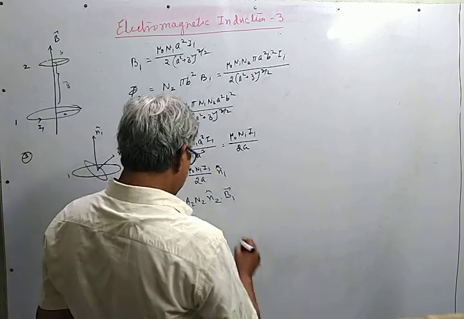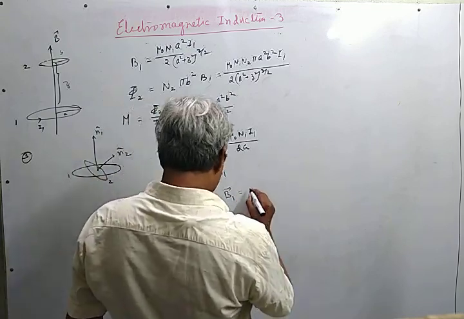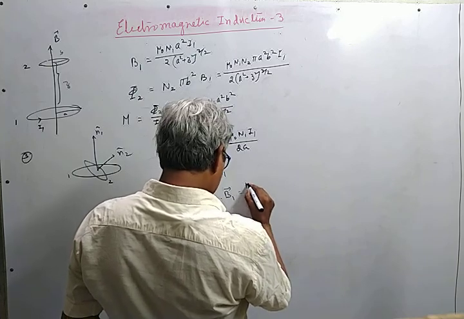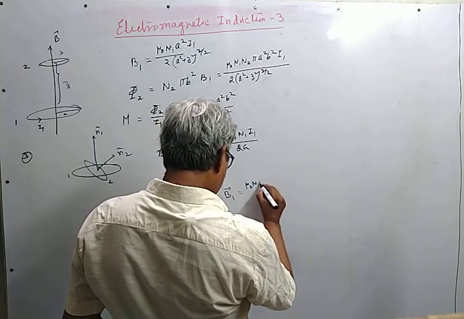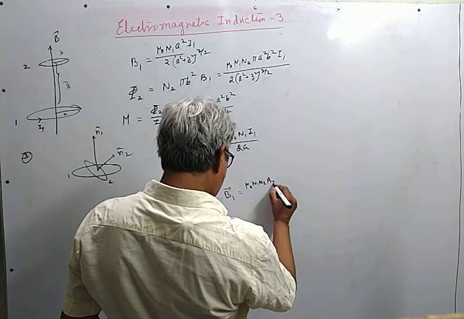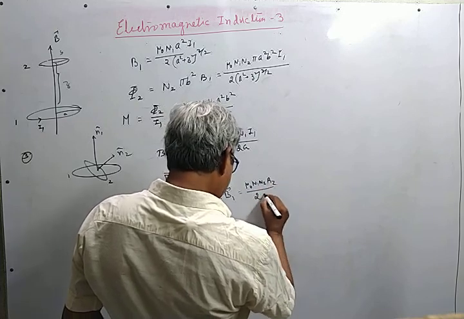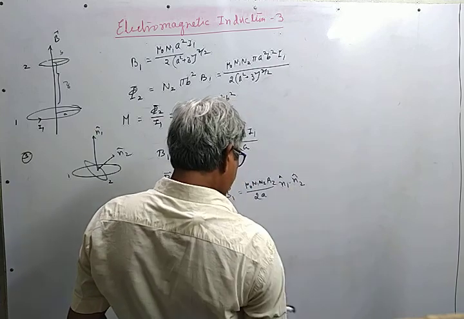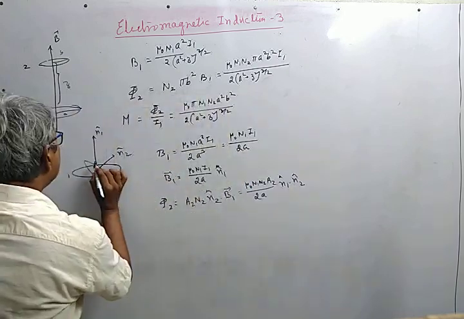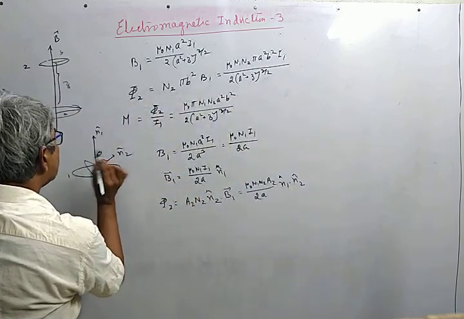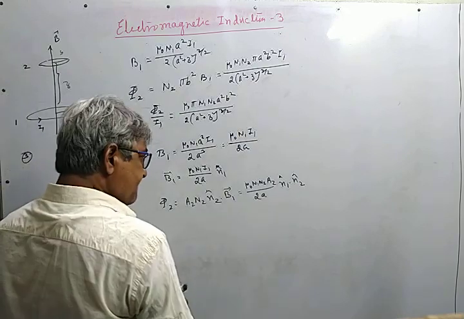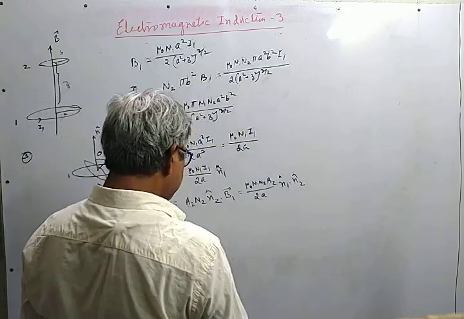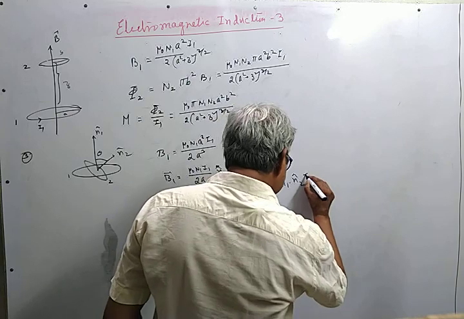So this is mu 0 N1 N2 A2 I1 by 2a, n1 dot n2. This is the angle between them.